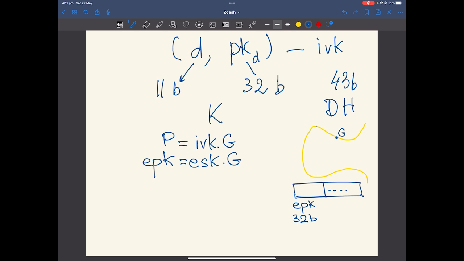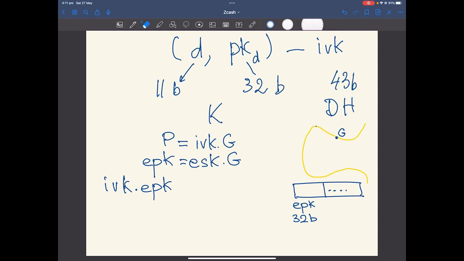Now, if you are the receiver, what you can calculate is this EPK, which is a point again, and you multiply by IVK. Okay, this doesn't really look like a point, so I'm going to use a better notation.